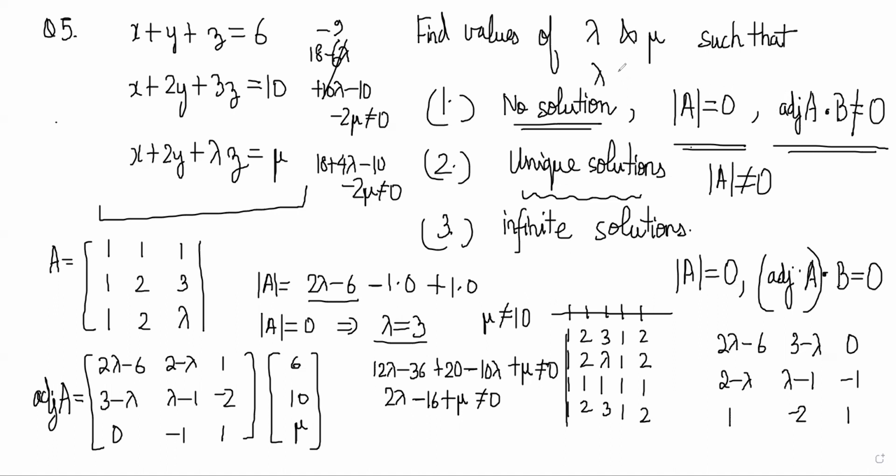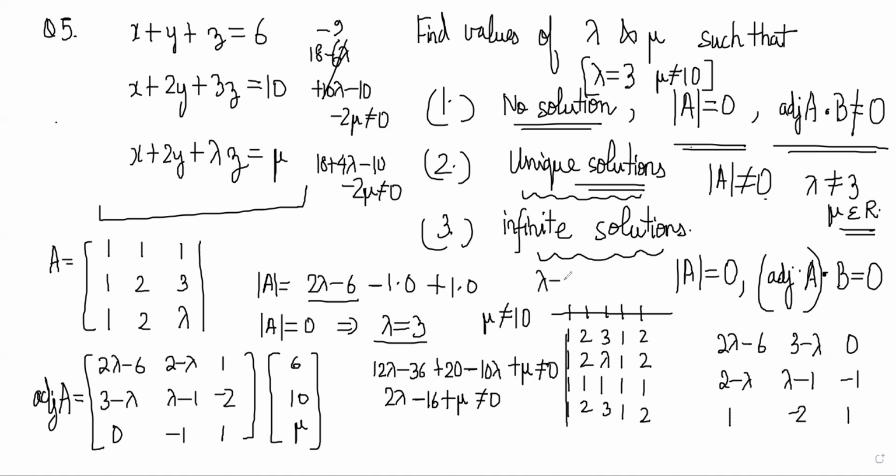Yeah, getting lambda is 3, mu not equal to 10. What is the condition for the second case? It's just lambda not equal to 3. Mu can be any real number. Yeah, that's right. What is the condition for the third case? Lambda equal to 3 and mu equal to 10. Yeah, that's right.